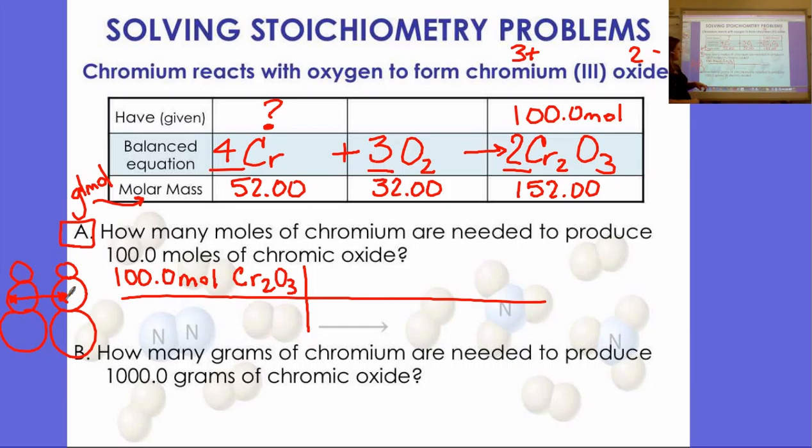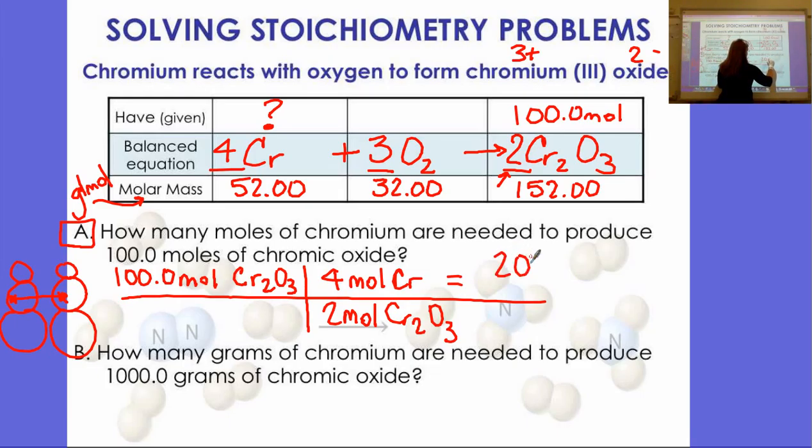One step, I just need my mole ratio. I put the 2 moles on the bottom because I get that from here, my ratio, and my ratio is 2 to 4. 100 times 4 is 400, divided by 2, I would need 200 moles of chromium. My units cancel, and we just multiply.